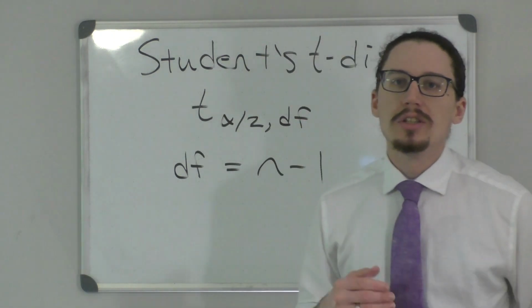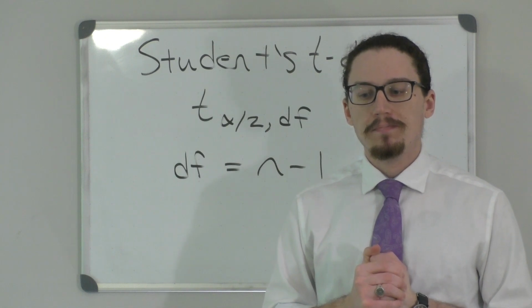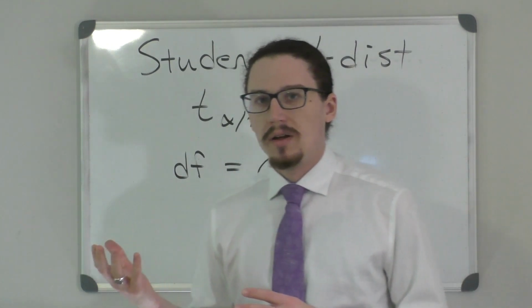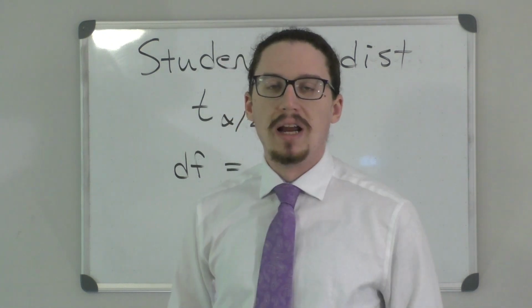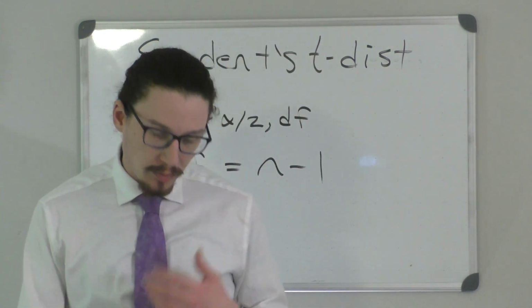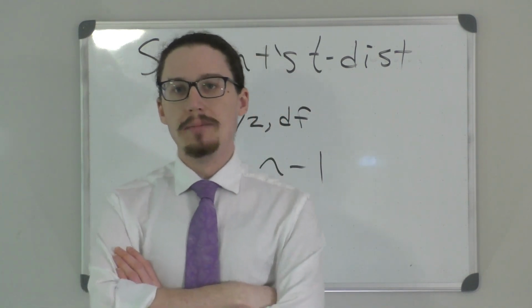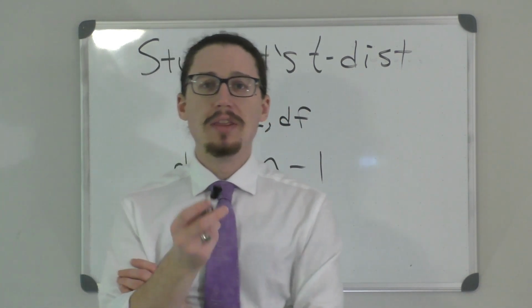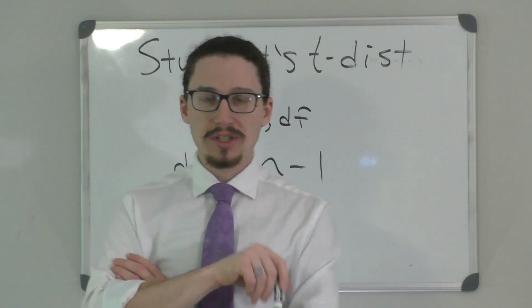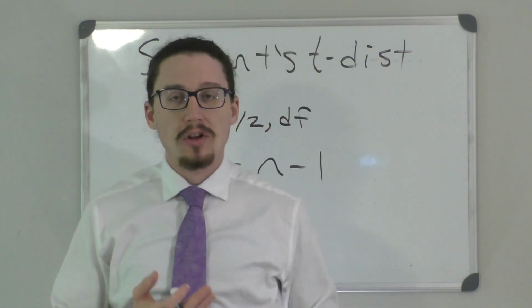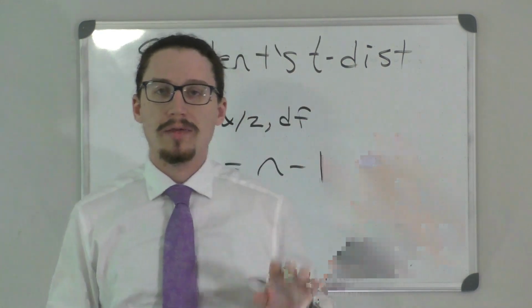What these degrees of freedom are doing is essentially penalizing a small sample size. The more you play around with these, the more you're going to see this, but generally speaking, the smaller the sample size, the larger the critical value.